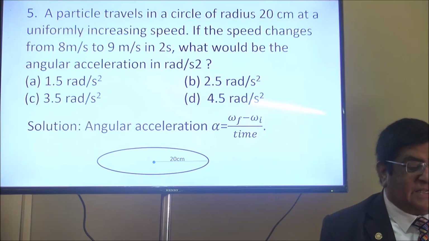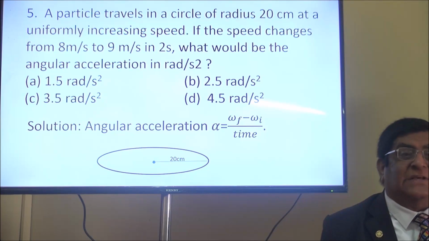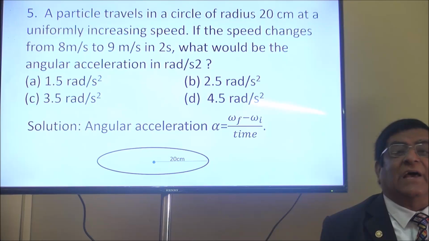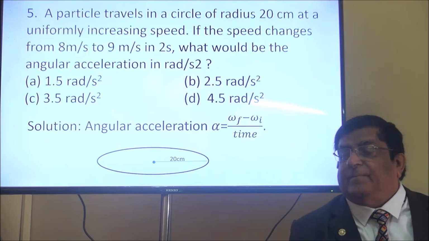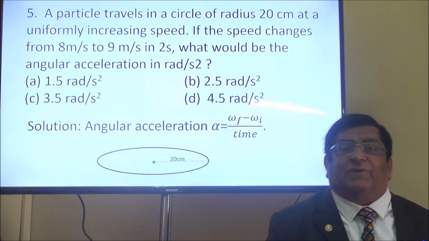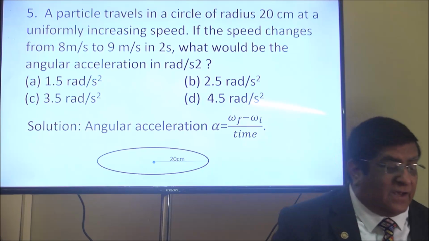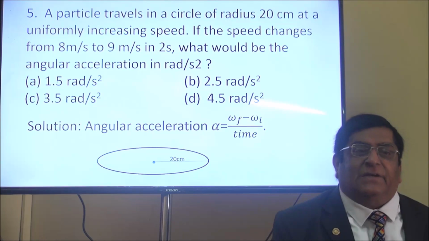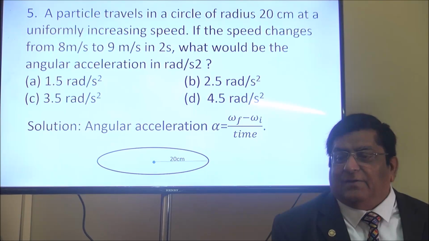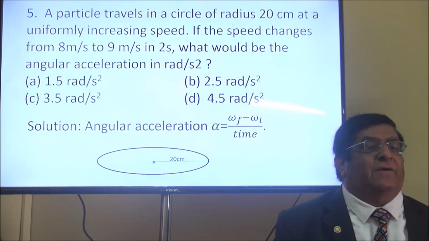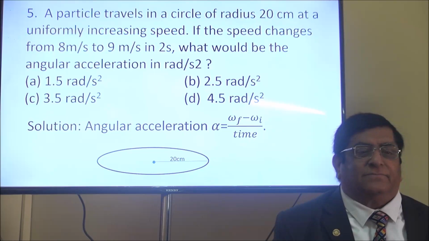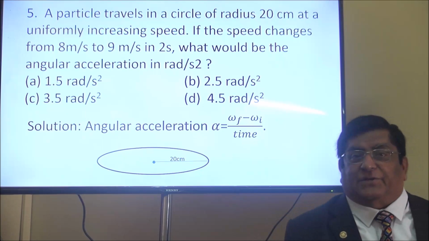If the speed changes from 8 meter per second to 9 meter per second in 2 seconds, the speed is changing. That means what type of motion it is? Accelerated motion. And that acceleration is also given to us. What is the earlier speed? 8. It changes to 9. Change in speed divided by time, 2 seconds. That will give the acceleration.